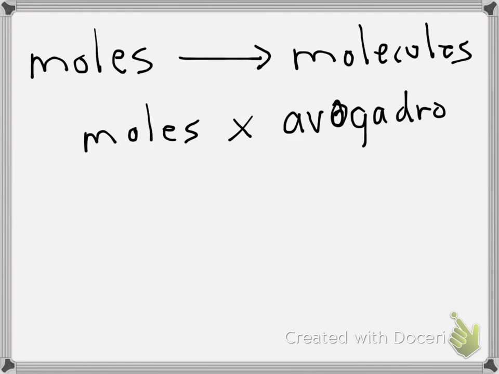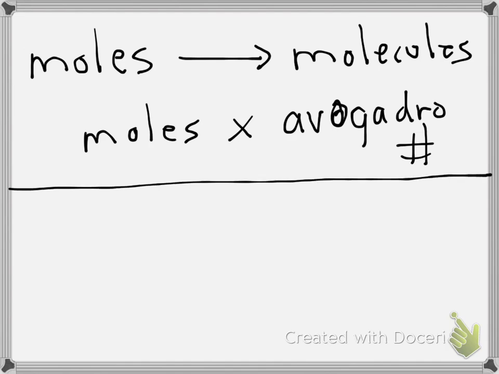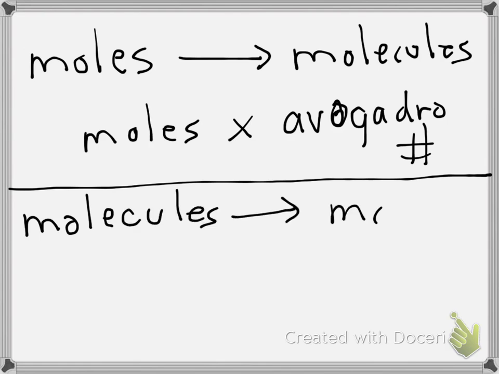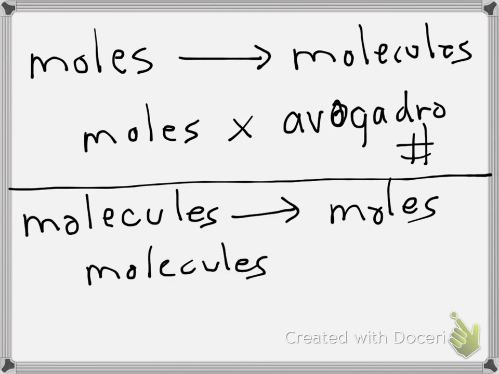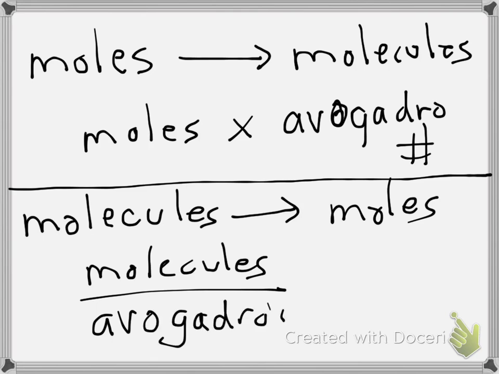And if you're going from molecules to moles, you simply take molecules divided by Avogadro's number. Okay? So that's it for this little mini lesson.